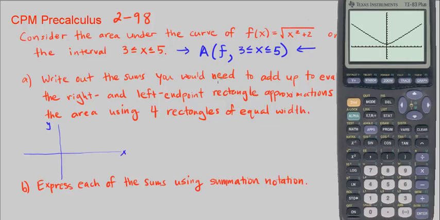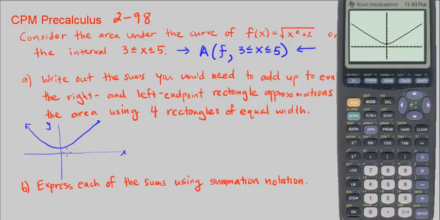It looks like this, with arrows on both sides. Sketching it like that is fine. What I want to look at is the region between 3 and 5.